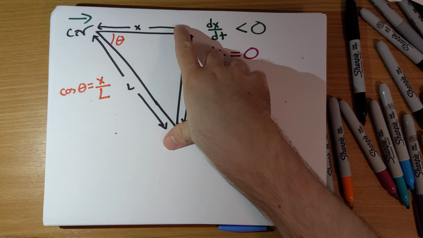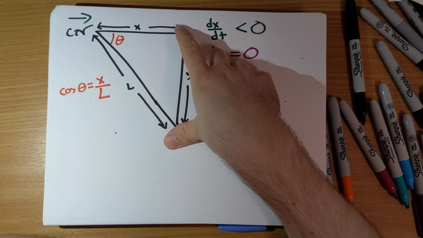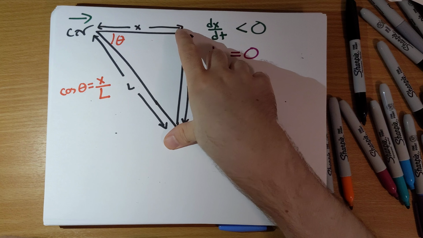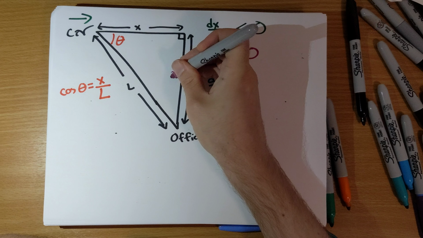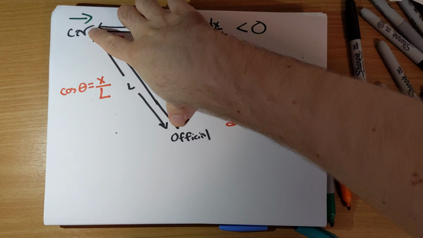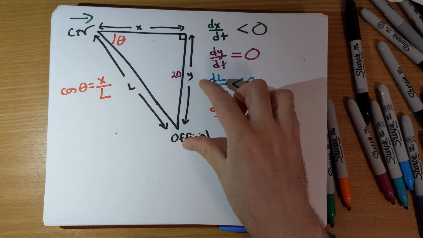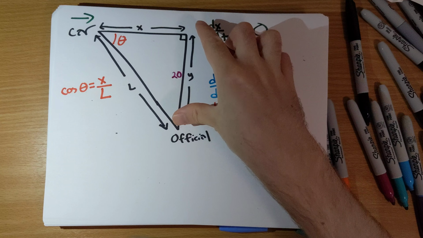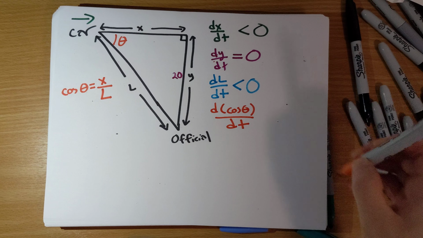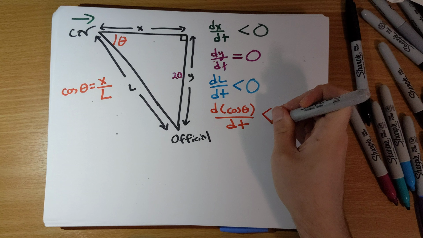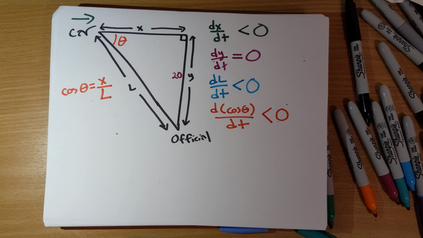Suppose the official is sitting still at the finish line 20 meters from the point where the car will cross. And that tells us that y is 20 meters here. X goes to 0. L gets close to 20. This expression is getting smaller and smaller and smaller. So this derivative is also negative.